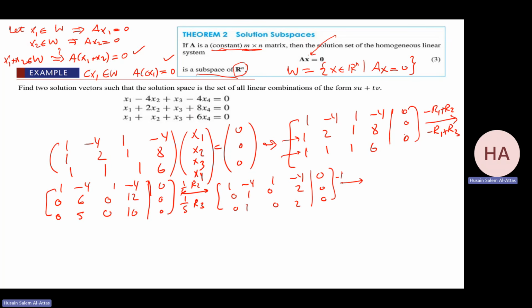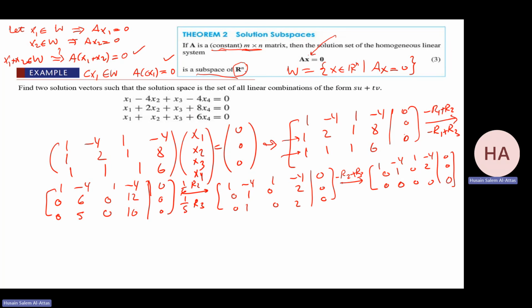Multiply minus R2 added to R3. The first two rows I will not change. The last row will be 0, 0, 0, so the last row will be gone.